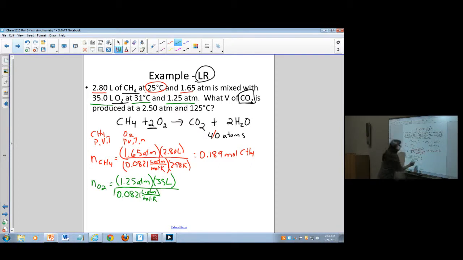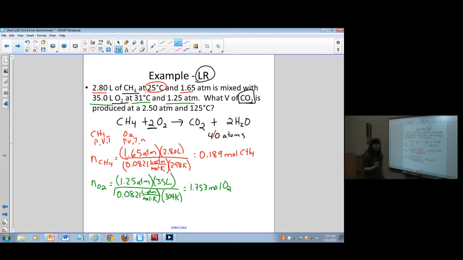And the temperature here is 304 Kelvin. So when I get done, I have 1.753 moles of O2.